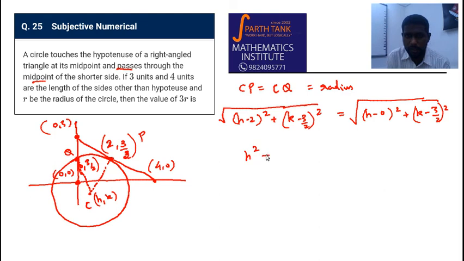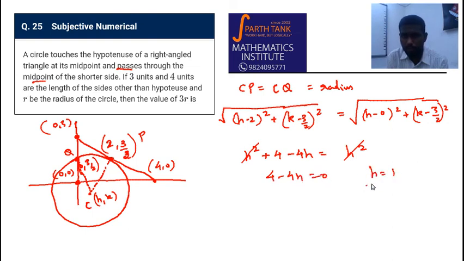This is H squared plus 4 minus 4H is equal to H squared. Cancelling H squared and H squared, what do I get? 4 minus 4H is 0, or H is equal to 1.